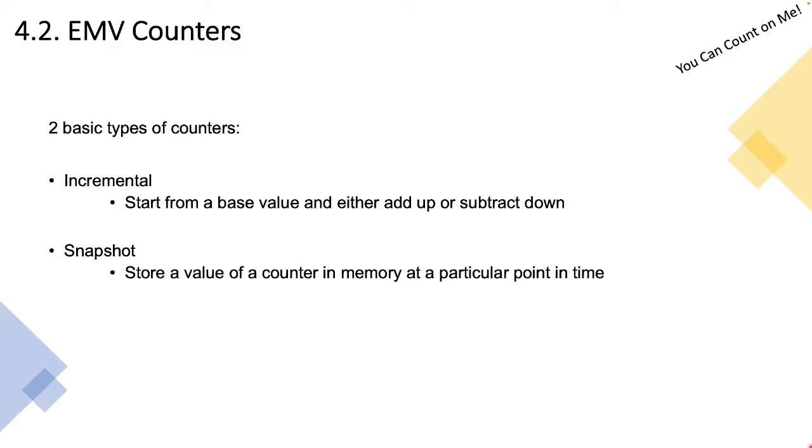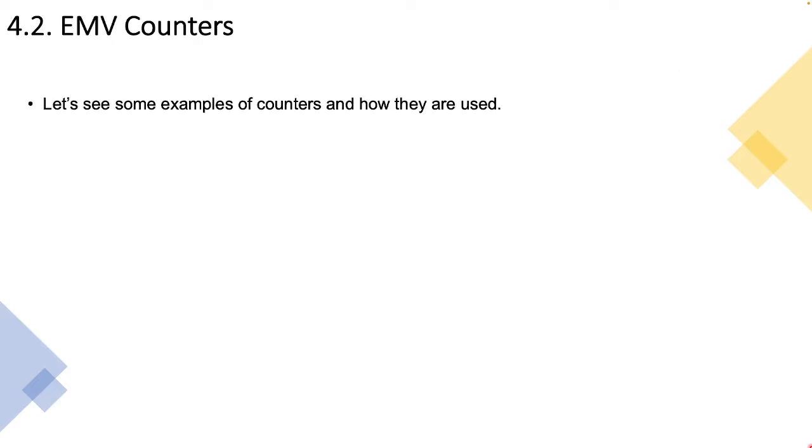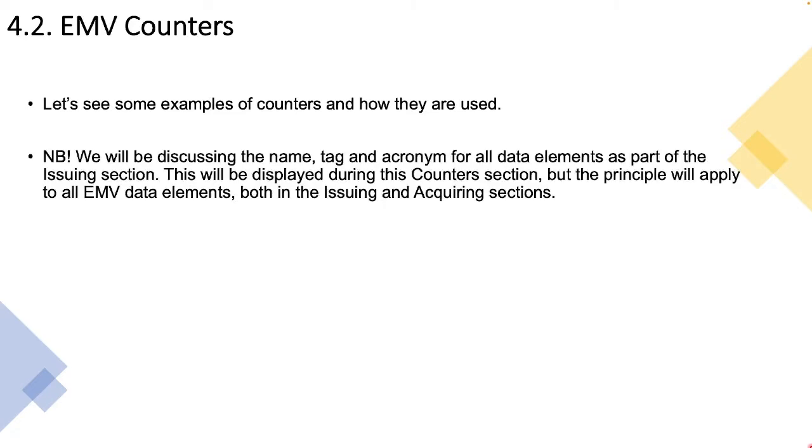So think of it as a selfie, right? So at a particular point in time, an event has happened, and the card will take a picture of this, and it will use this picture to refer to, for its own calculations and risk assessment, etc. So let's have a look at some examples of these counters and how they are used.